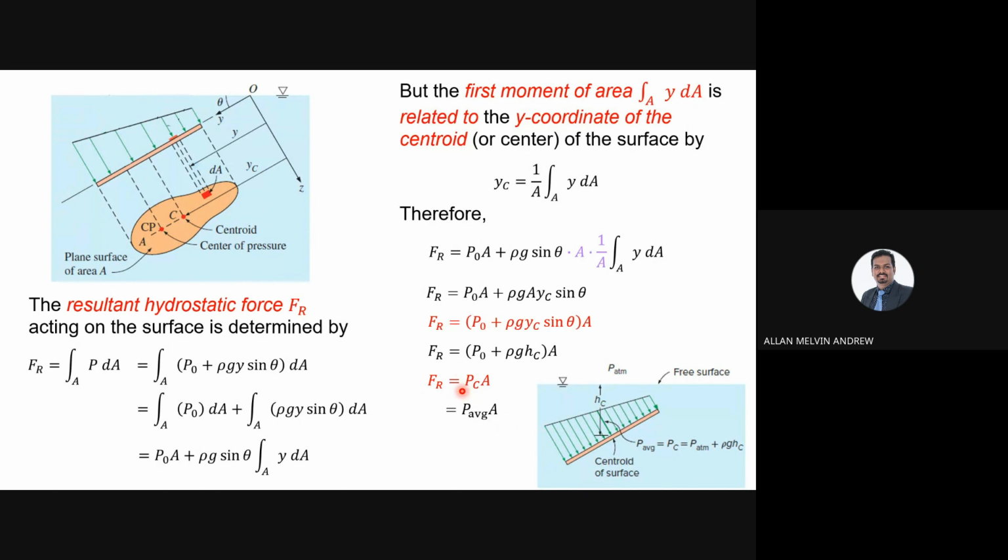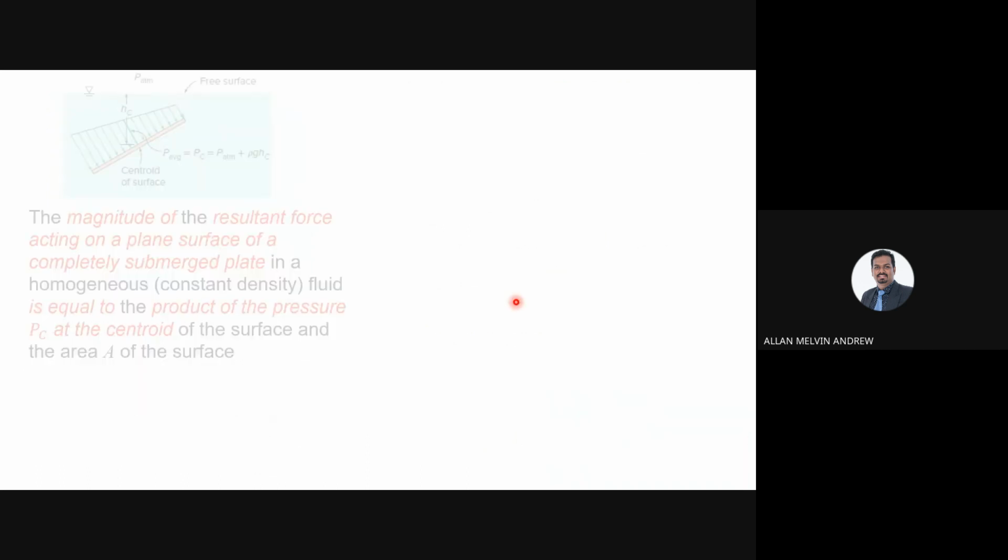If I ask in the exam, I will just give a scenario of a body entering, submerged into the water, then it is experiencing a certain force. So you can straight away apply this formula: Fr equals PC times A, or Fr equals average pressure times A. The derivation you don't need to really focus on.